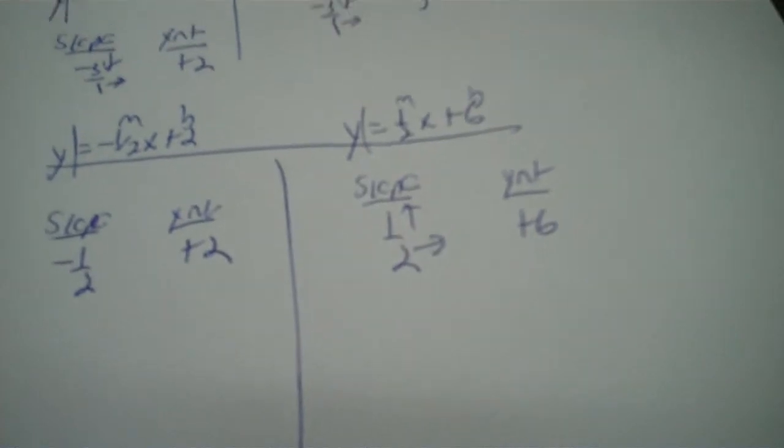So I can stop at negative 4. That's my x. Then on the y, 1, 2, 3, 4. You're at 4. Now, if you're slightly off from that, no biggie. You just mark where you're close to. You do you.